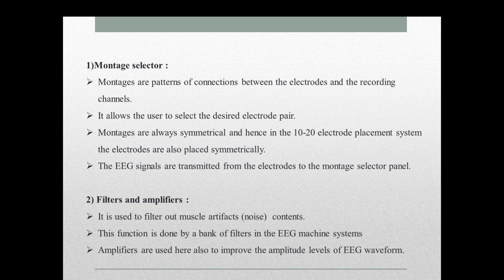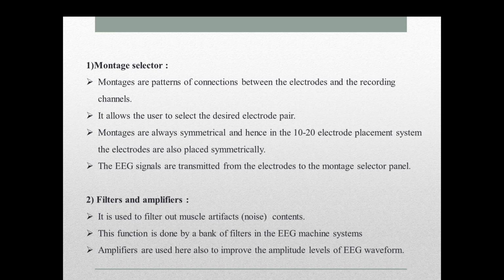What is meant by montages? Montages are the patterns of connections. The electrodes follow a pattern in which they are connected, and it has some recording channels with it. This montage selector allows the user to select the desired electrode pair they want to record.